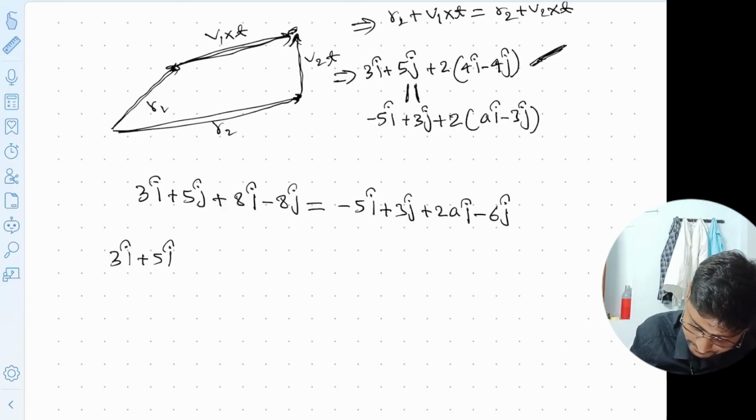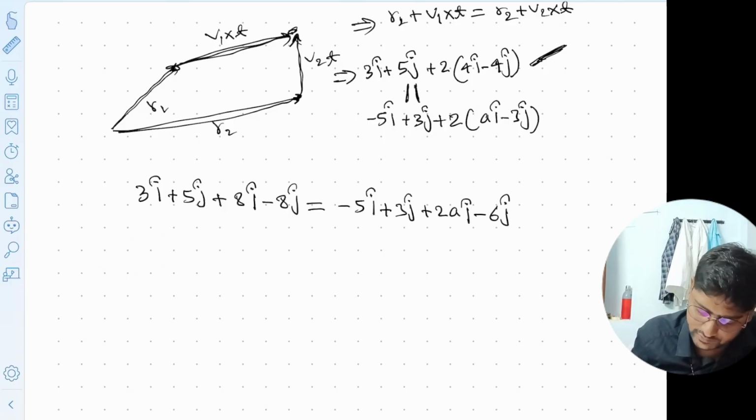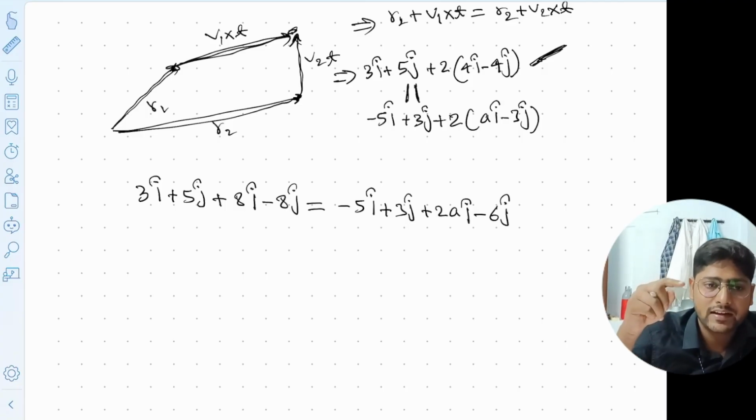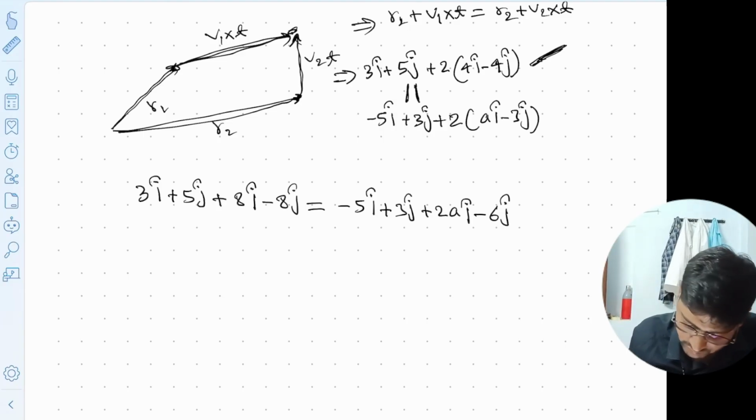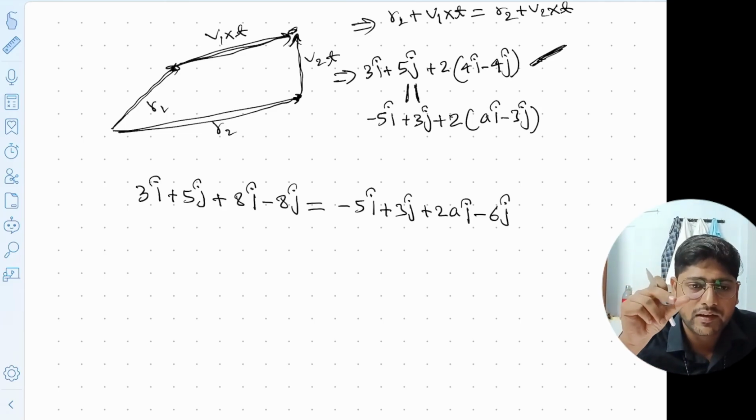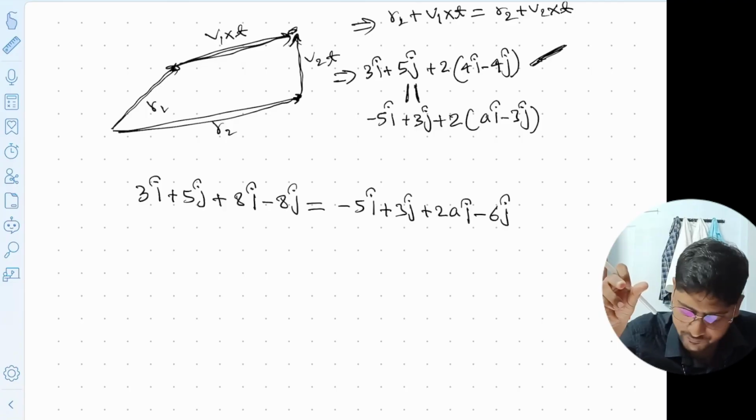First we will write this vector only. We keep all those right vectors on the left. We can write i cap vector together and j cap vector together.